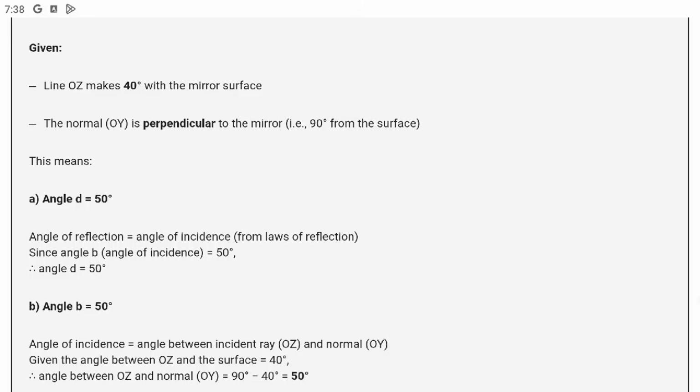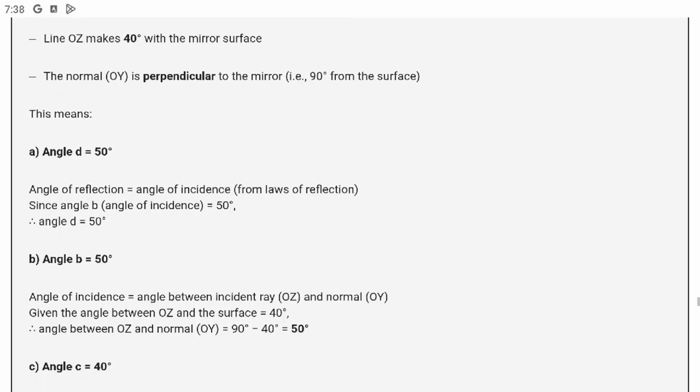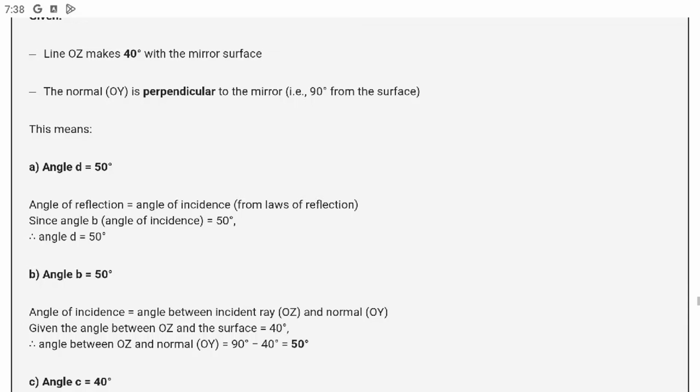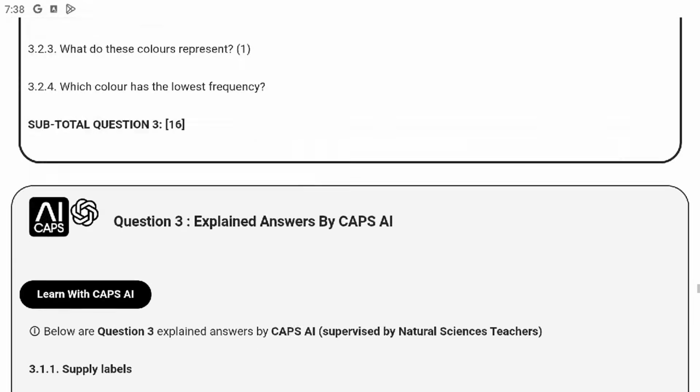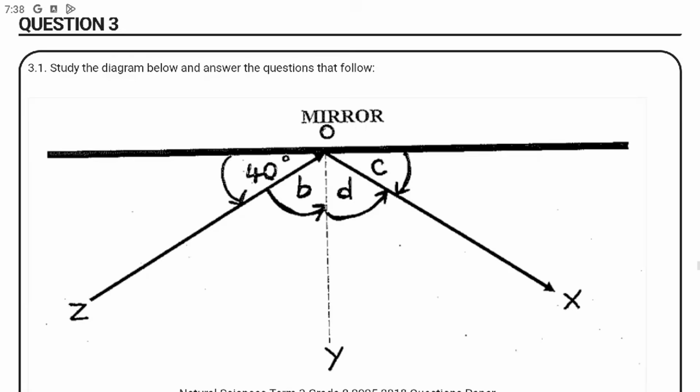So B and D equal 50 degrees, as we can see there.